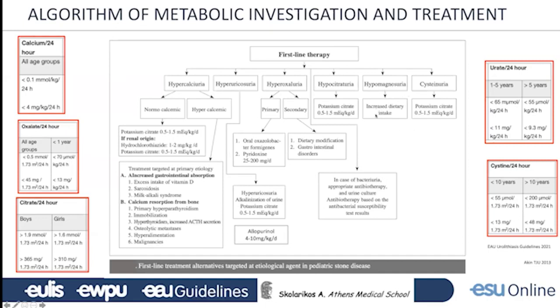For hypomagnesuria, we increase the magnesium intake in the diet. And of course, if it is cystinuria, the first-line therapy is alkalinization, potassium citrate 0.5 to 1.5 milliequivalents per kilogram per day.